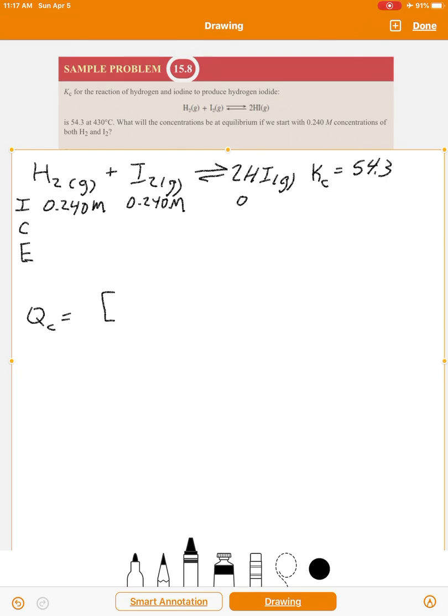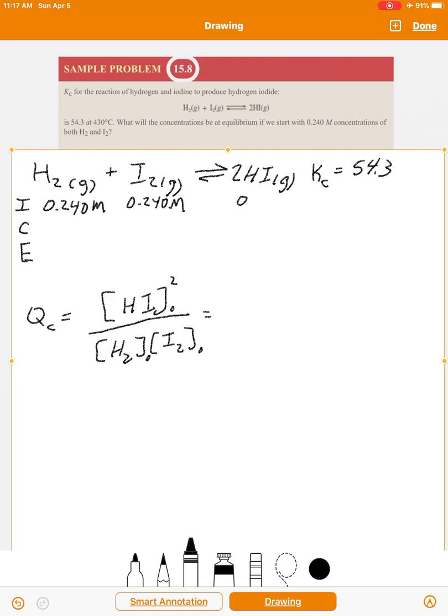Remember, Q is the concentrations of the products divided by the concentrations of the reactants. And these are the initial, so I'll put a little 0 there. Don't forget that whatever the coefficients are in front of the reactants or products, those become the exponents in the equilibrium constant.